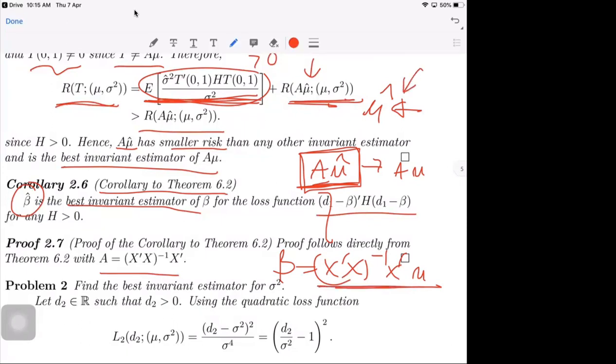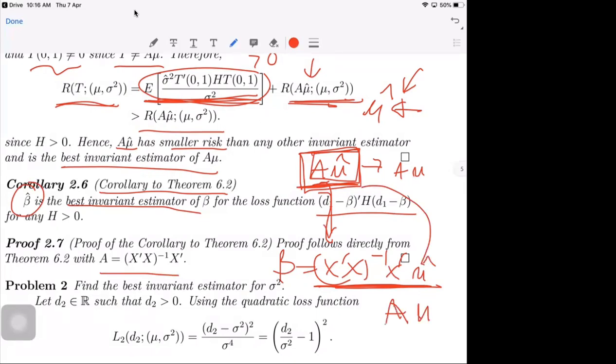But when we are dealing with vectors and matrices already, if we have a basis matrix, then A mu is what we use because in matrix notation, the A there, in terms of the basis matrix, will be your (X prime X) inverse X prime mu, an estimate of A mu, which is (X prime X) inverse X prime mu. So this is mu hat.